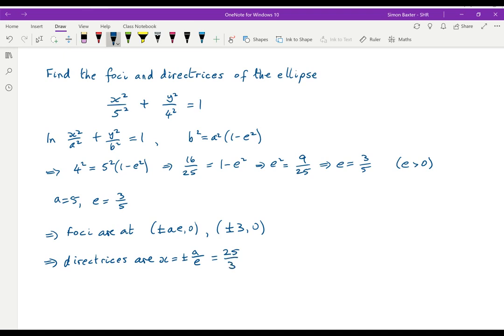So we have foci and the directrices quite easily. You must remember this little result: b squared is a squared times 1 minus e squared. And since e is less than 1, this equation will work.